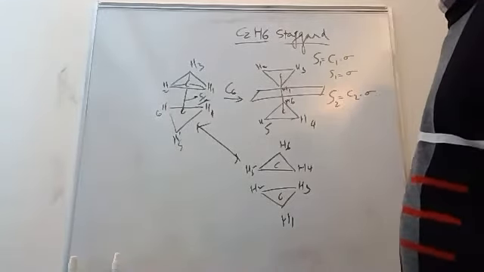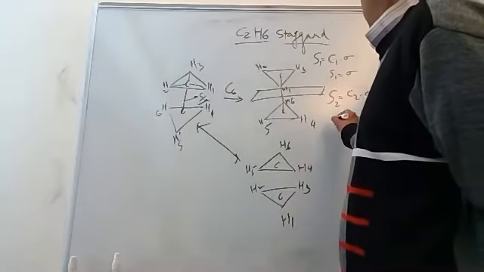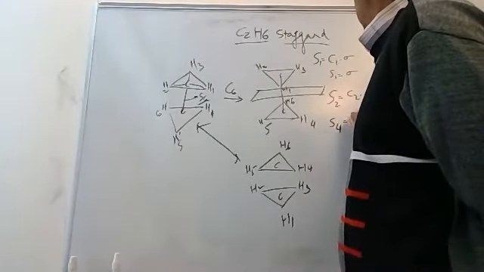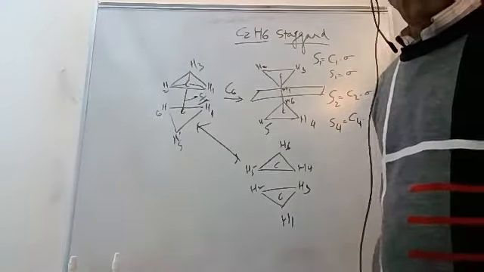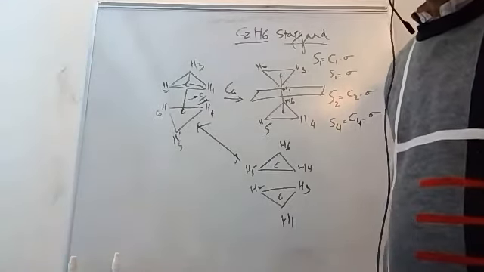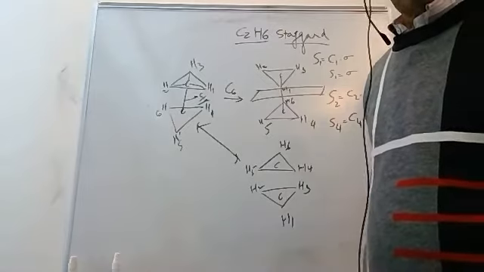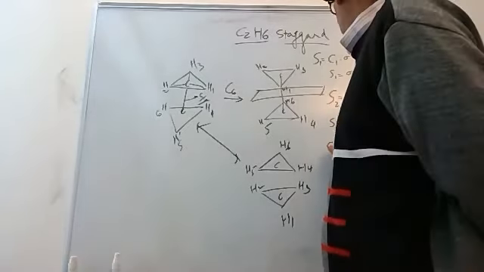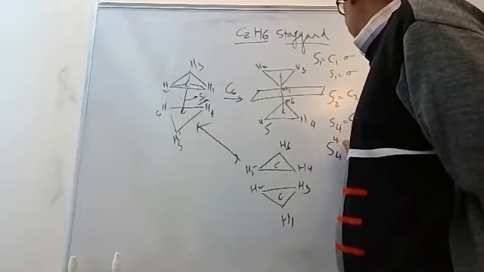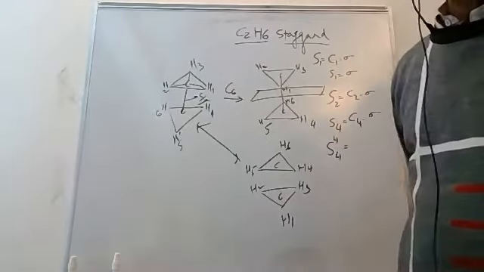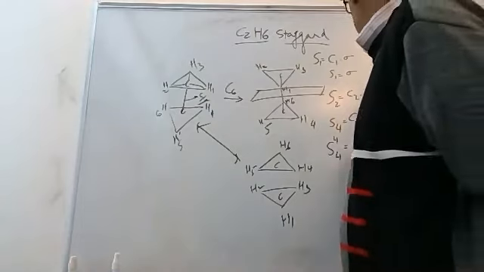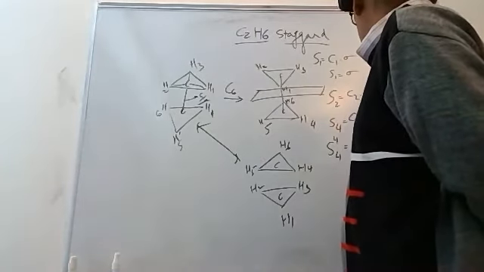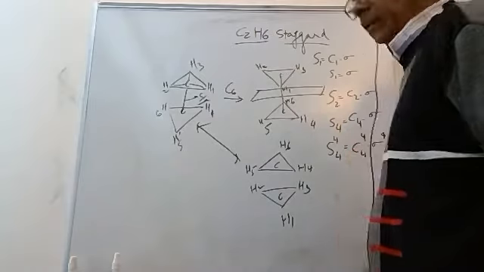Basically, what happens is, if I do S4, that is C4 followed by sigma, right? So if I do S4 4 times, that is C4 4 times followed by sigma 4 times.